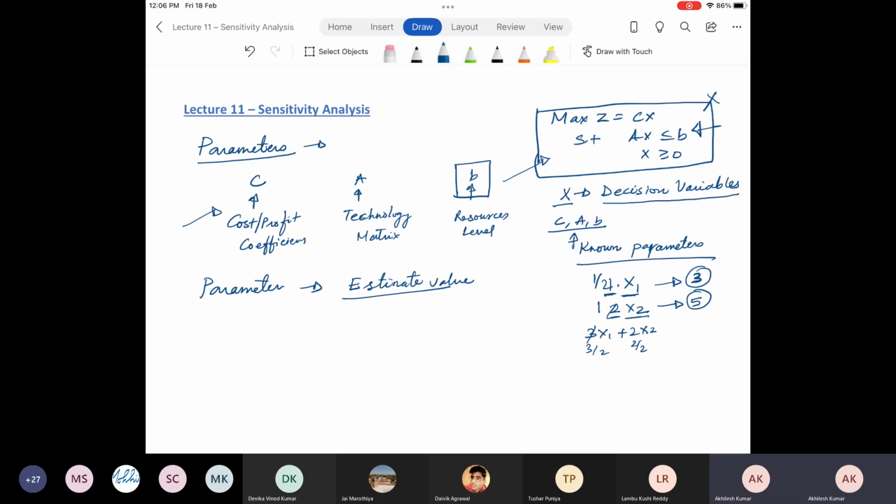So these are estimates. The problem with an estimate is, if it is the current state, there could be inaccuracies and bias. In a future state, there can be uncertainty and bias.